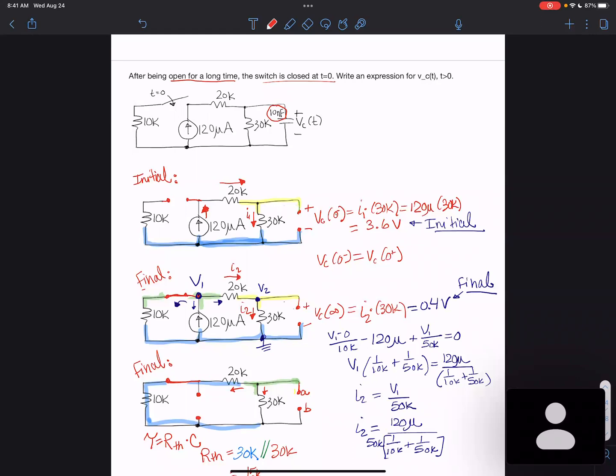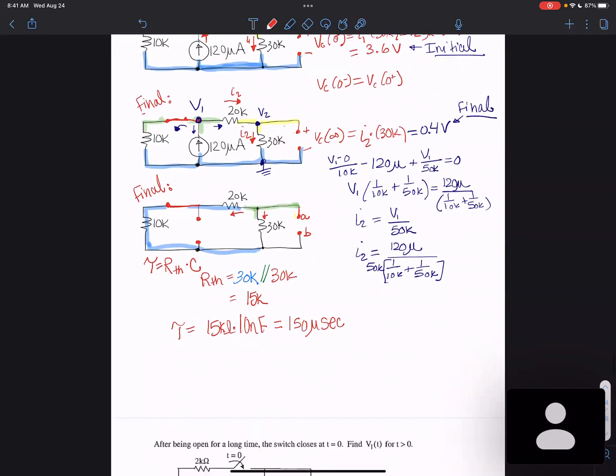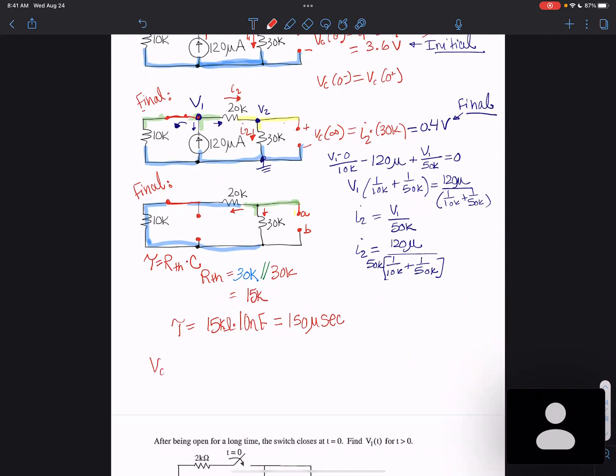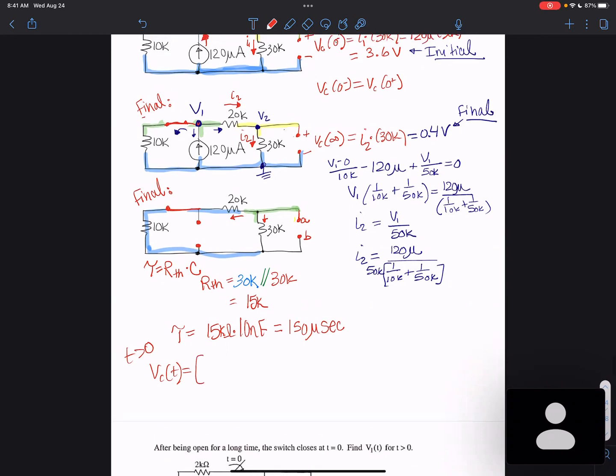So now I can write this. VC of T for time greater than 0, meaning that the switch happens at 0. So that would be the description, is the final time, which is what value? Yep, so 0.4 plus, this is going to be my initial minus final.